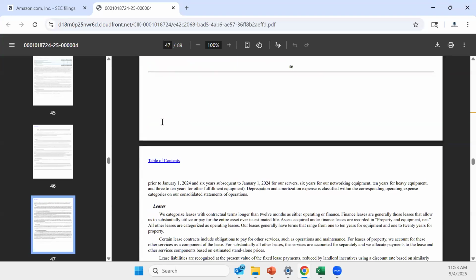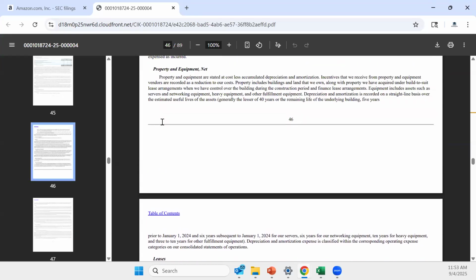So for property and equipment, this just talks about their accounting methods over it.